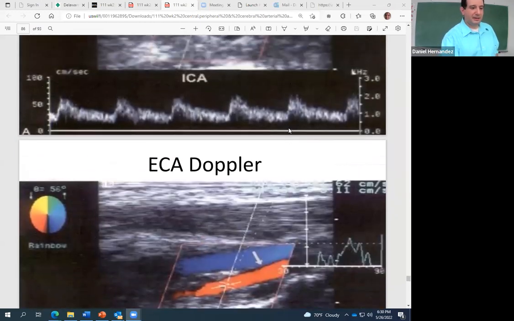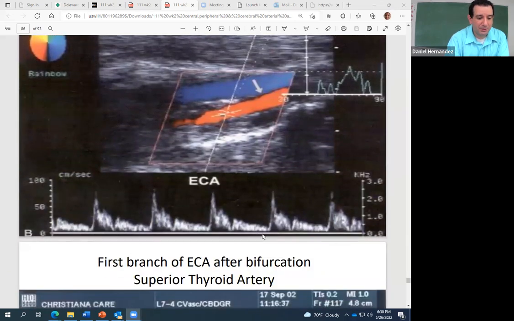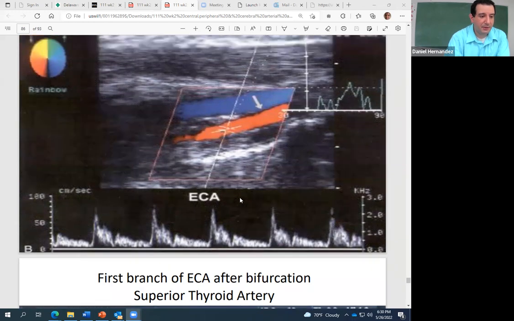You can see the diastolic flow component. If I put my caliper here for end diastole, look at how far above the baseline that is in terms of end diastolic velocity, whereas here I'm putting my caliper right above that baseline. So there still is diastolic flow, just much, much less with our external carotid arteries.